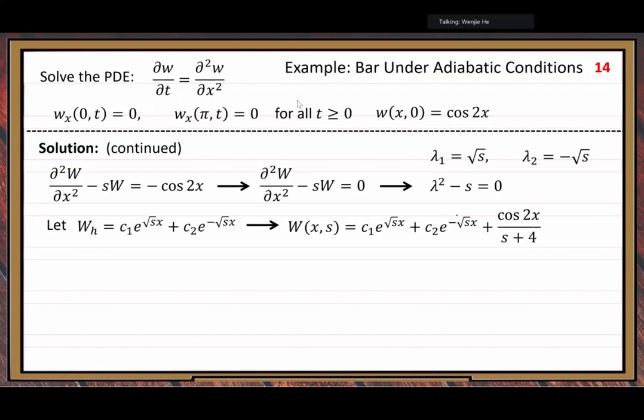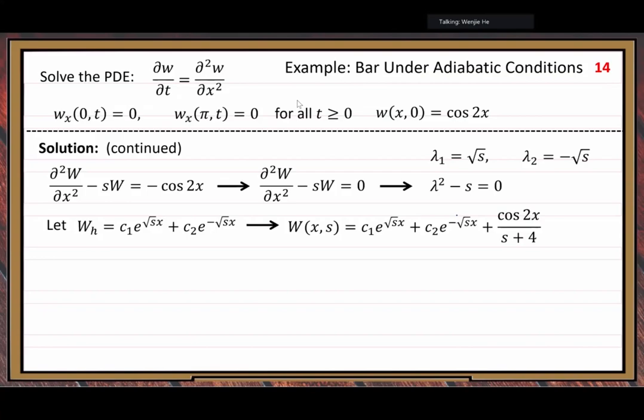C1 and C2 are unknown, but we can use the given conditions to determine them.